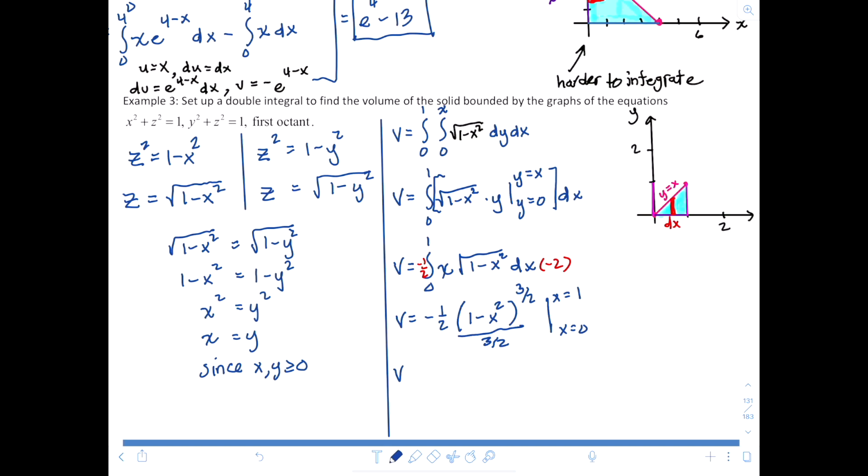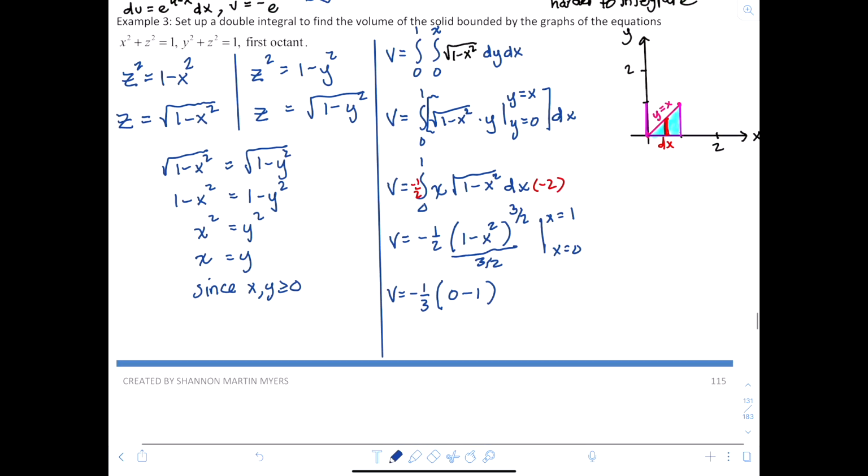So the volume will be negative 1/3 times 1 minus 1 squared to the 3/2, which is 0, and 1 minus 0 squared to the 3/2 is 1. And so our volume will be 1/3 of a cubic unit. Cool?